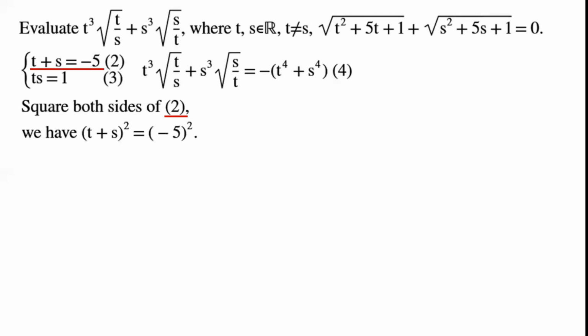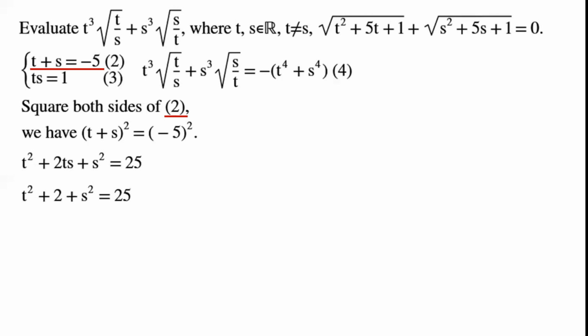Square both sides of equation 2. We have t plus s all squared equals minus 5 all squared. By expanding both sides of the equation, we have t squared plus 2ts plus s squared equals 25.